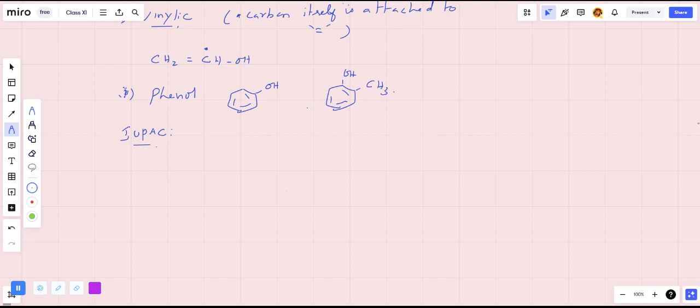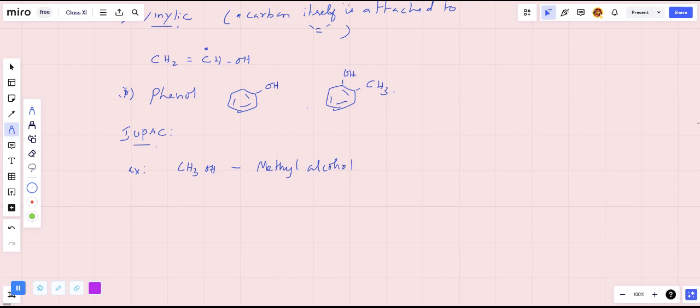Different nomenclature, for example, only one alcohol group is there. In the common name, methyl group, this is alcohol group. So the common name is methyl alcohol.